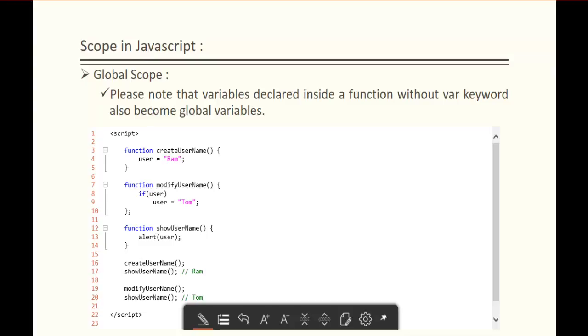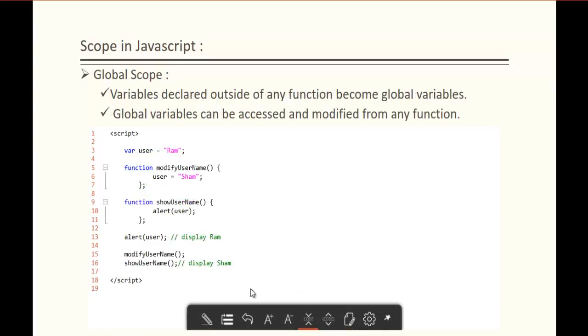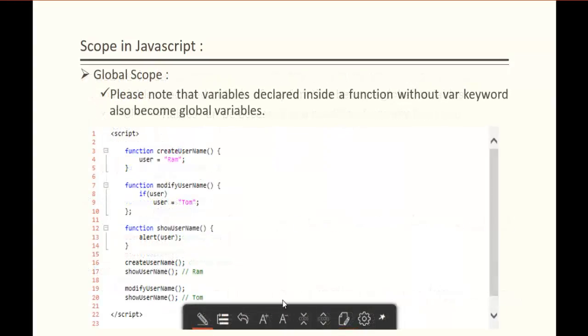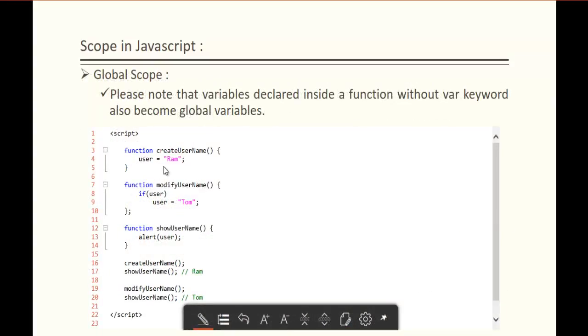Now to understand it very clearly, let me first explain what local scope is. Variables declared inside any function with the var keyword are called local variables. But here you can observe very clearly, we have a function, and inside the function we have a variable called user, but it is not defined with the var keyword.